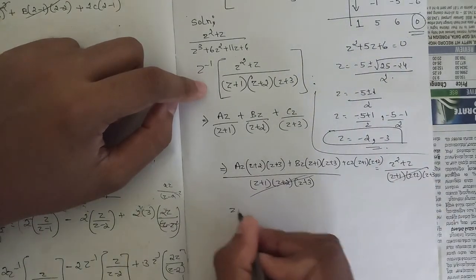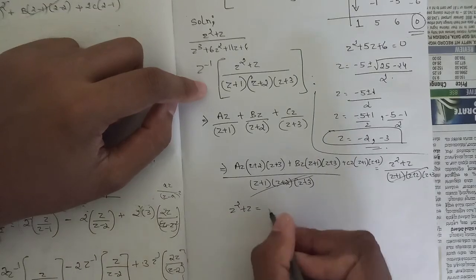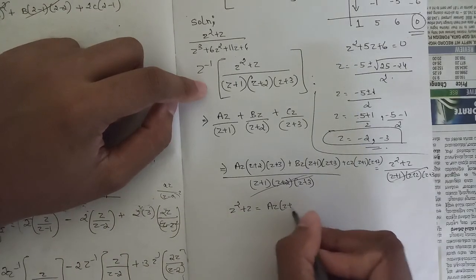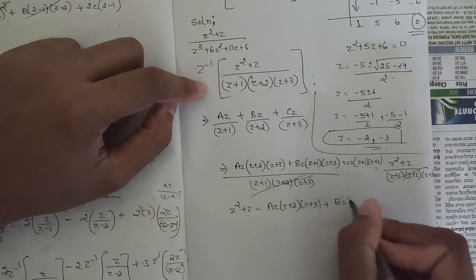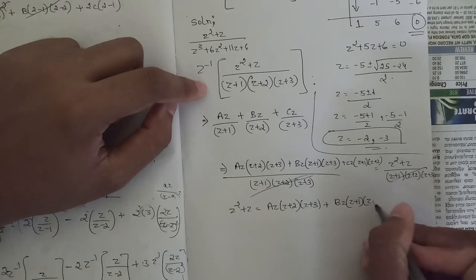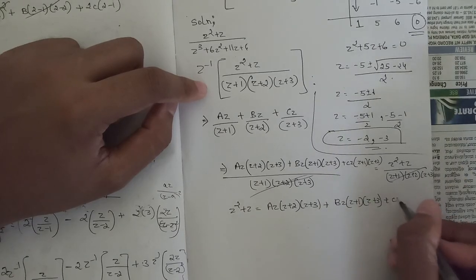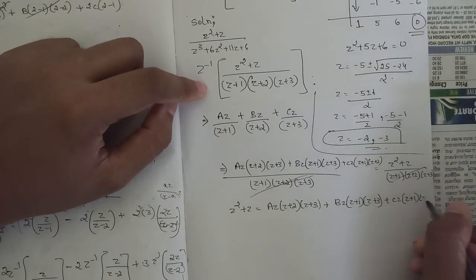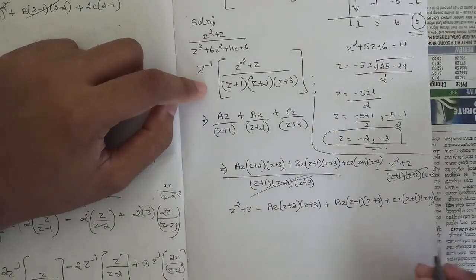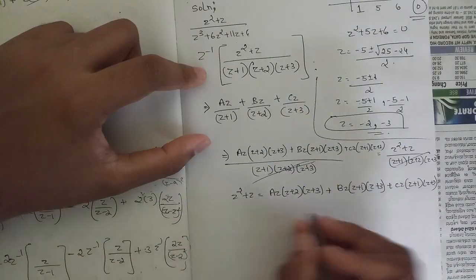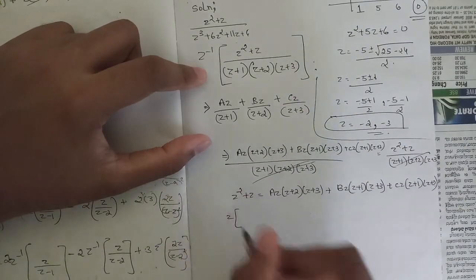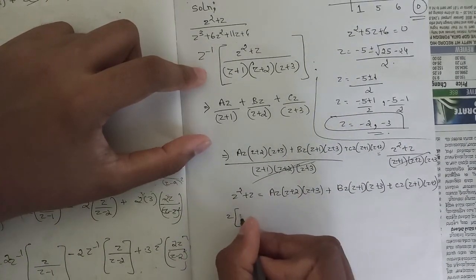So now the remaining terms are z square plus z equal to az into z plus 2, z plus 3, bz into z plus 1, z plus 3, cz into z plus 1 and z plus 2. So now here we can see that we can take z common in both LHS and RHS, so we will take that out so that we can cancel that z.